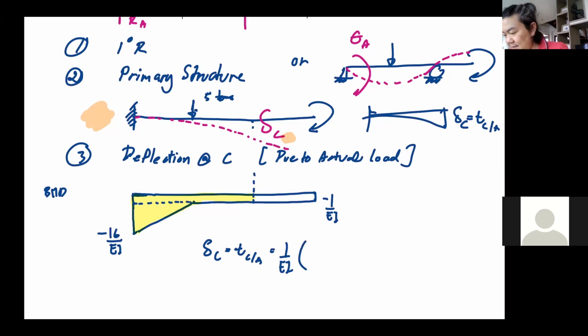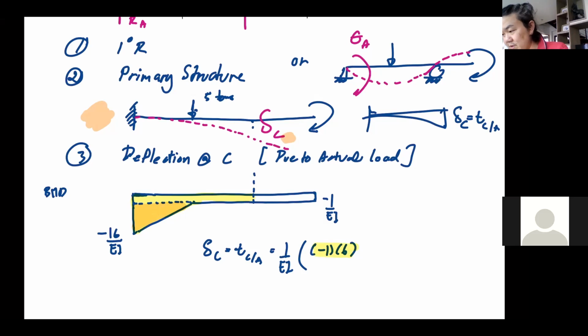And to help you a little bit, let's paint this with a different color. So this is going to be equal to 1 multiplied by 6 minus 1 multiplied by 6. That's the area of the yellow one. Okay, that's the area.